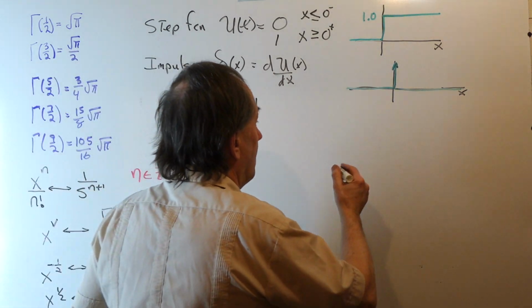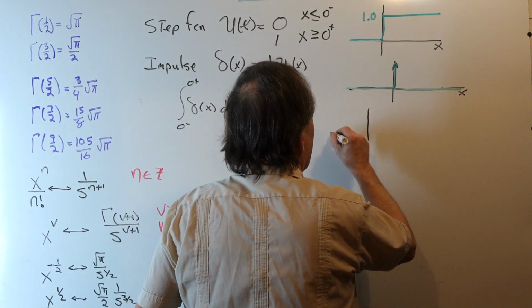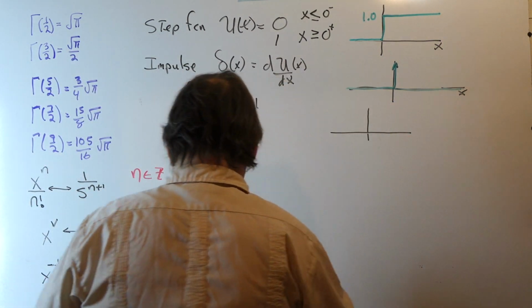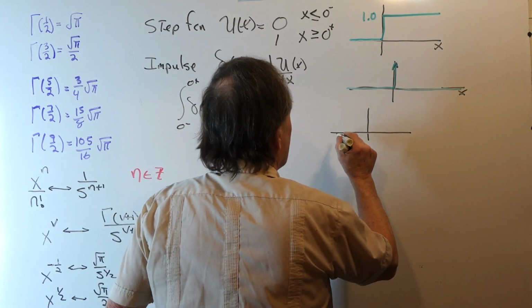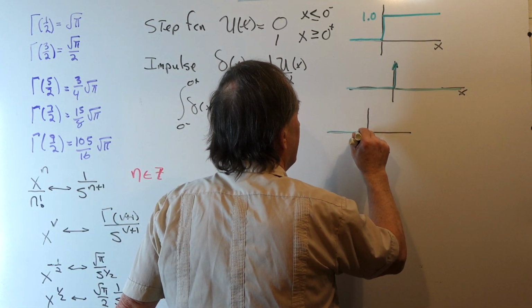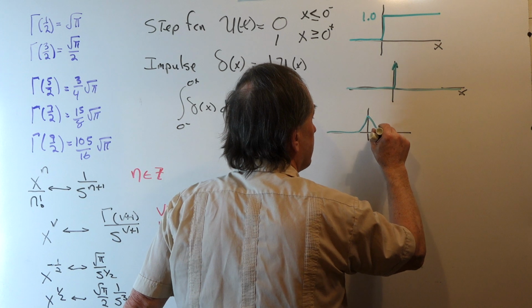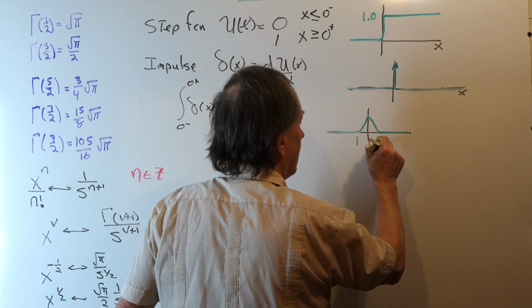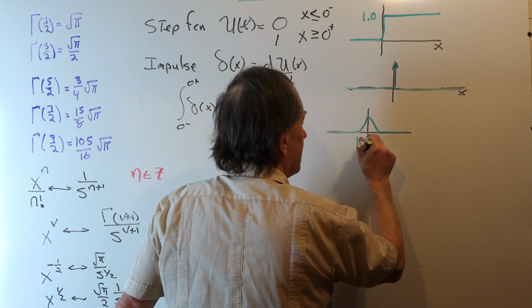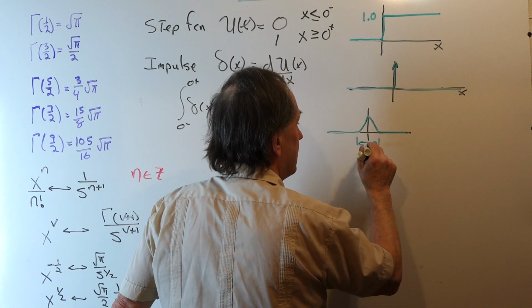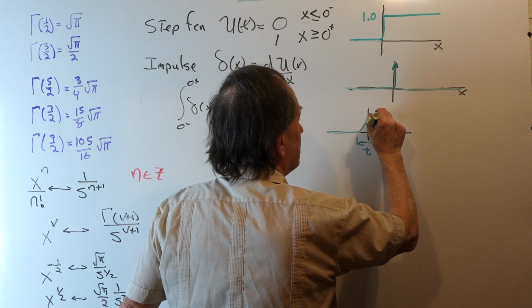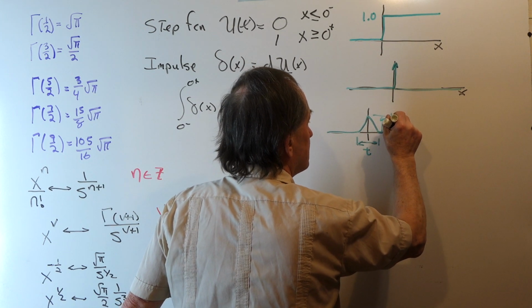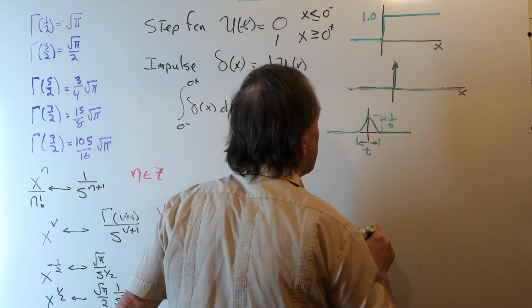The way we generally get at that is you could define the impulse function this way: you could create this function here where, say, the width is t and the height is 1 over t.